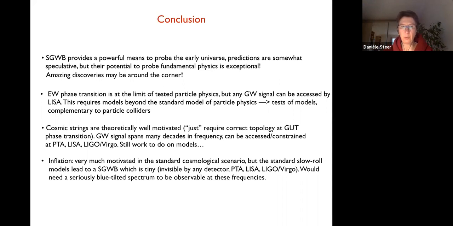We don't know if it's first order or not. For cosmic strings, we're talking about symmetry breaking phase transitions at high scales. We don't know if they exist. But if they do, and if we observe a stochastic background, then we have a wonderful way with which to probe fundamental physics. And it could be that there are discoveries around the corner.